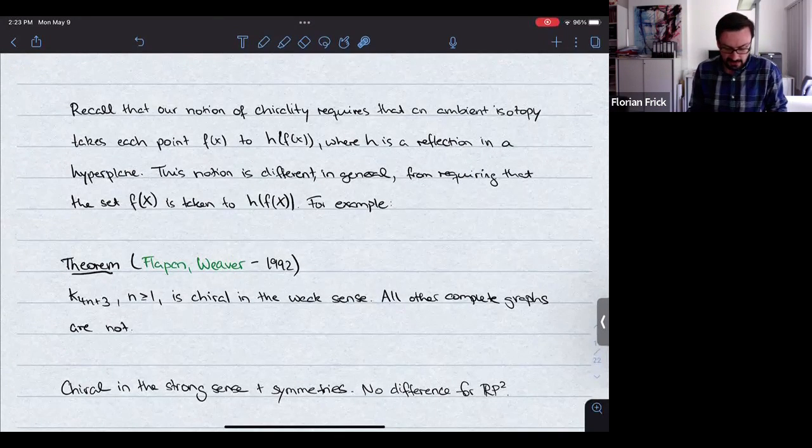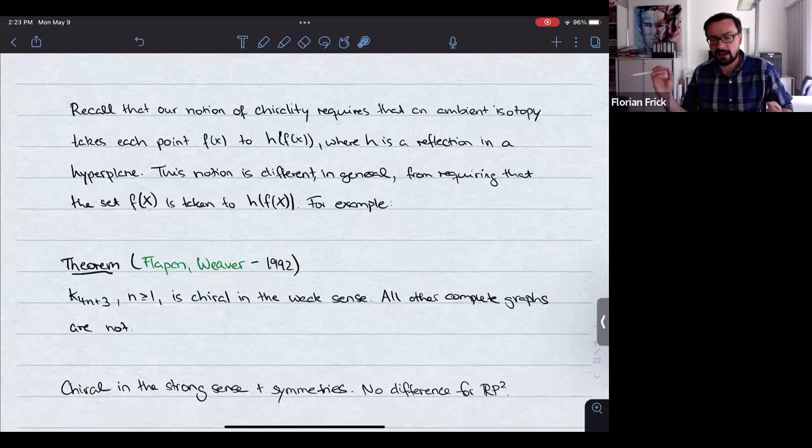So as an example, here's a result from the 90s, where it's completely classified which complete graphs are chiral in R3, right? The complete graph on 4n plus 3 vertices is chiral in this weaker sense, and all other complete graphs are not. Whereas what we get is that all complete graphs, K5 and up, are chiral in the strong labeled sense.